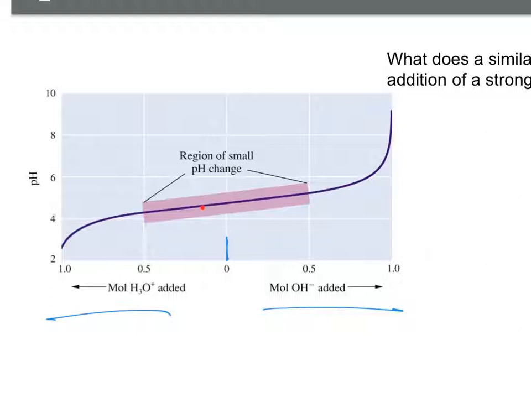If we add acid, the pH decreases slowly until eventually it will decrease drastically. And what's in the block here is a region called the buffer region. It's where there are very small changes in pH.